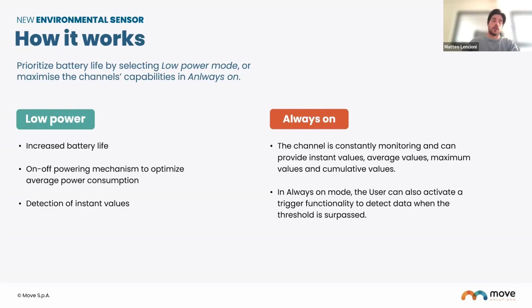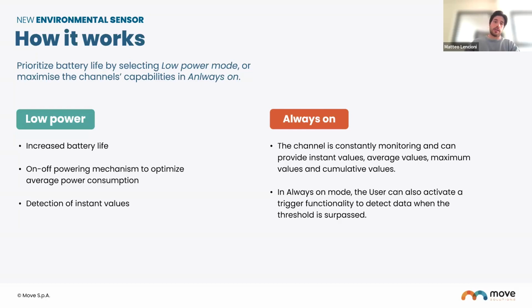On the other hand, there is the always on mode that is able to unlock some different parameters. Basically the channel in this case is constantly on and is constantly monitoring at high frequency. So it can provide, alongside the instant values, some average values and some maximum values within a time range that you can select.